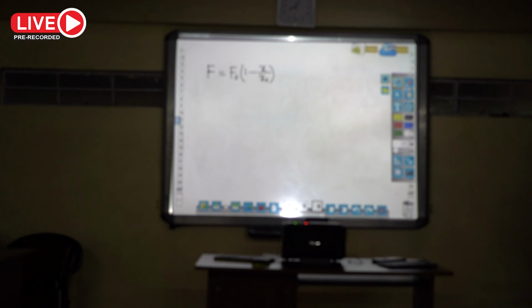Calculate the work done by this force in displacing the particle from x equal to 0 to x equal to x naught. It means the initial coordinate is x equal to 0, and the final coordinate is x equal to x naught.